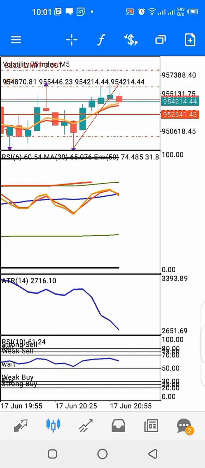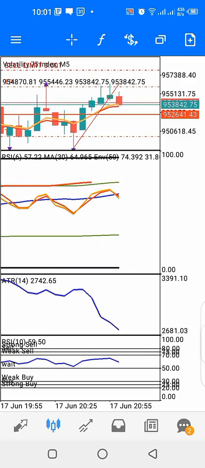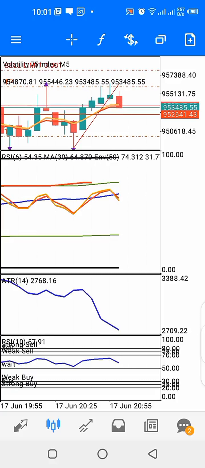Basically, for this particular trade, we have a range. Price is ranging. The range has not extended to my buy limit, which is at 948,000, and it is also not getting to my sell limit, which is 958,000.